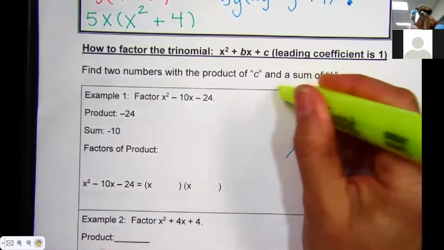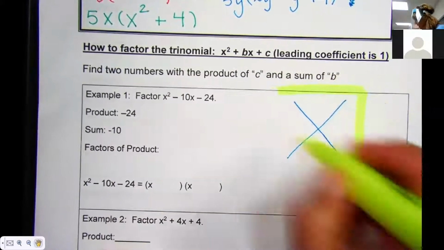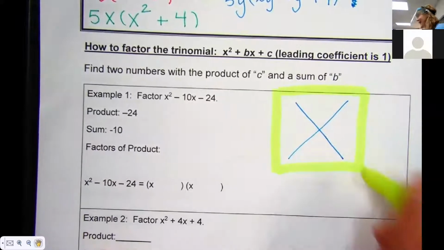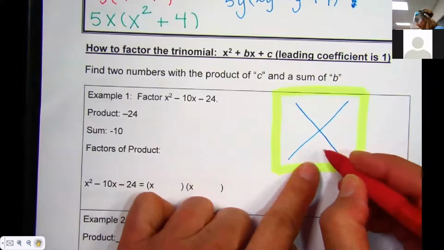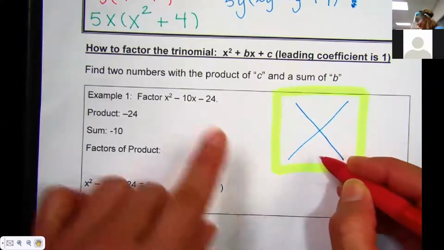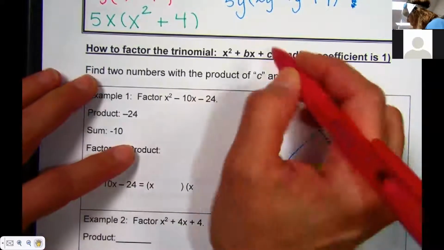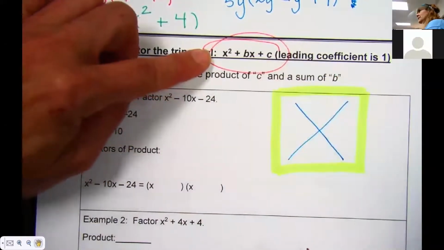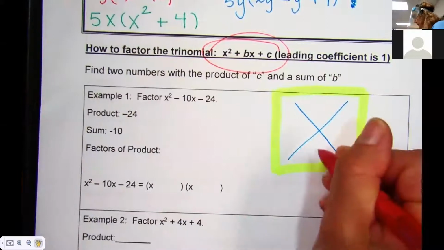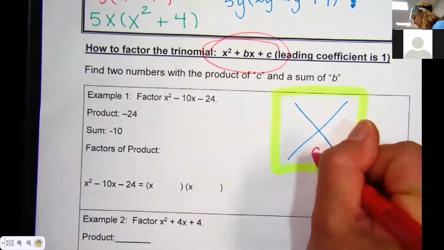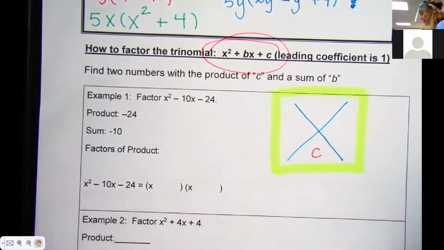So I'm going to set up a template here, and this is going to be the same thing I use every time. What goes at the bottom is the C value. Remember, this is our little template right here: X squared plus BX plus C. The C is going to go at the bottom, just the number.